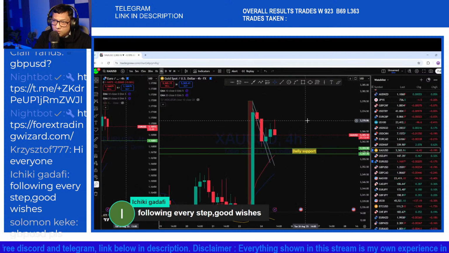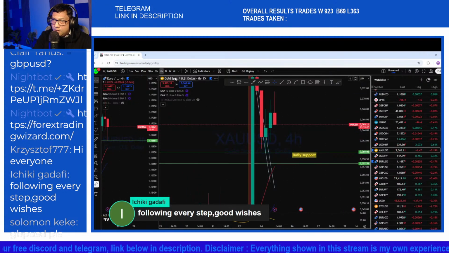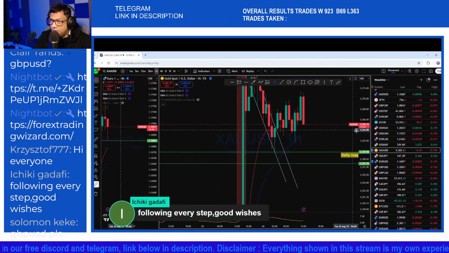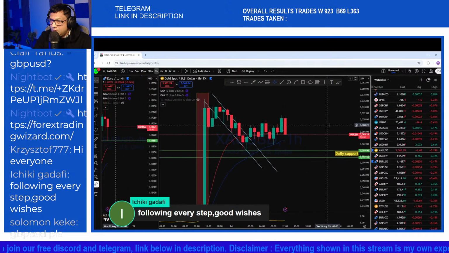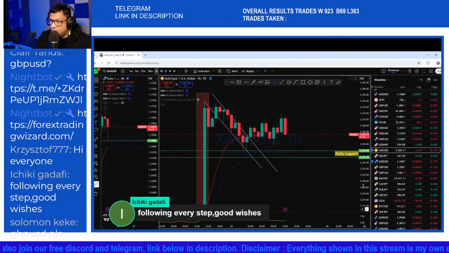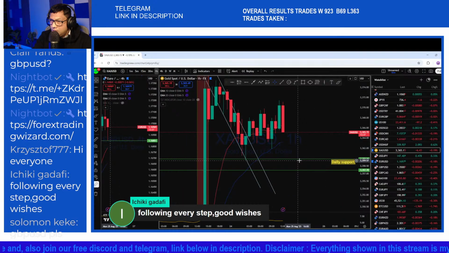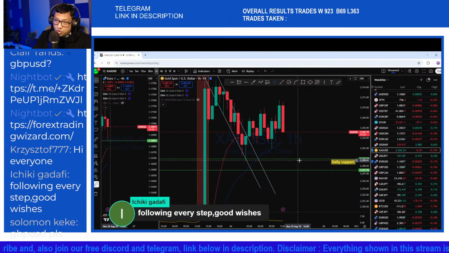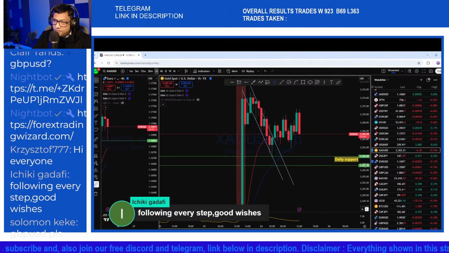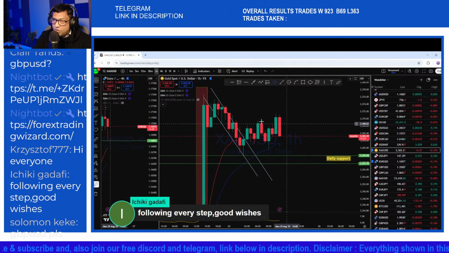This is a support level. Expecting the market to drop back below further and then to revert back again to the upside here.